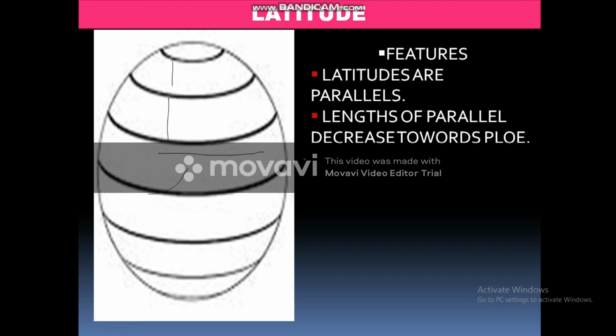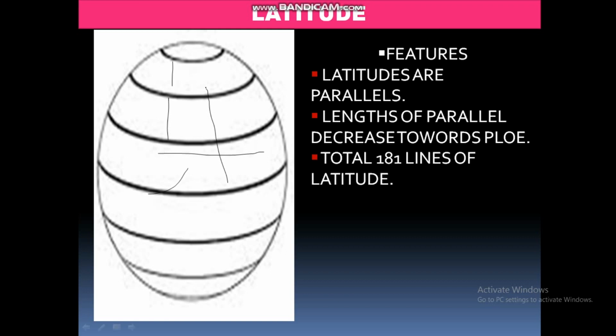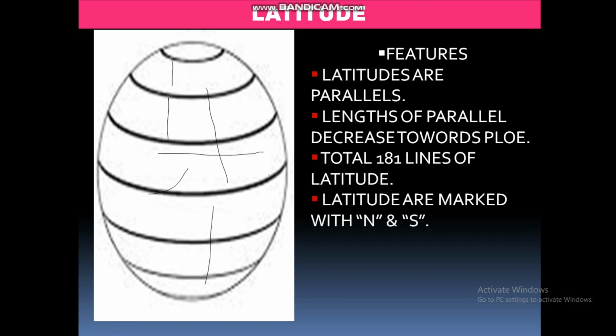So the next feature: there are a total of 181 lines of latitude, 90 lines in the northern hemisphere, 90 lines in the southern hemisphere, and 1 line is the line of the equator.